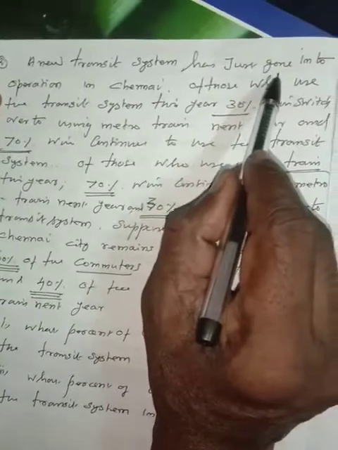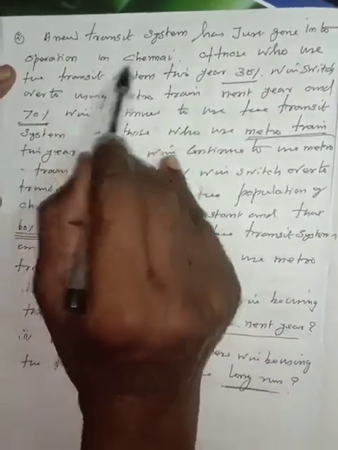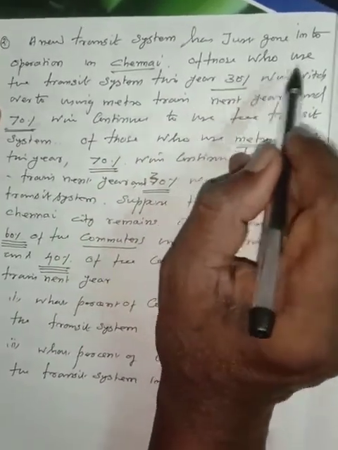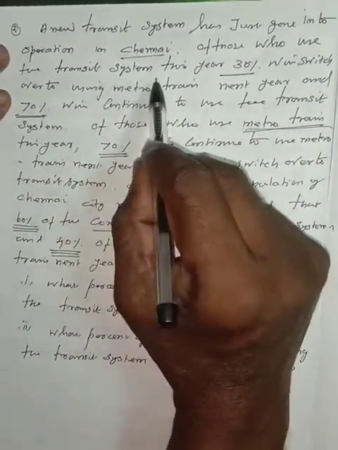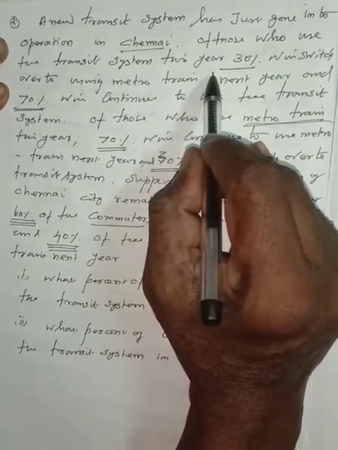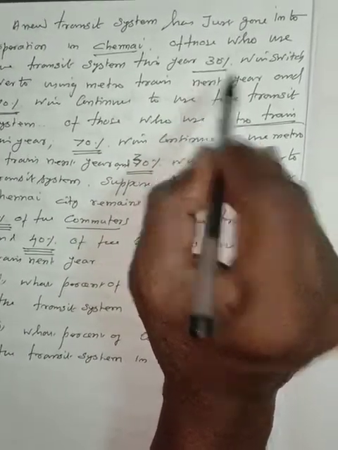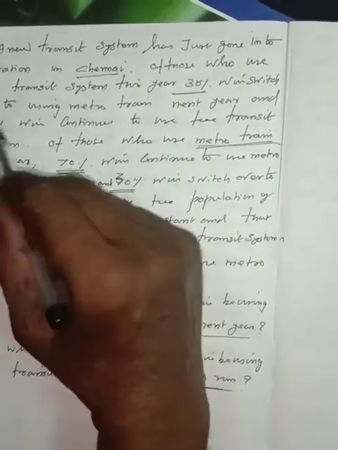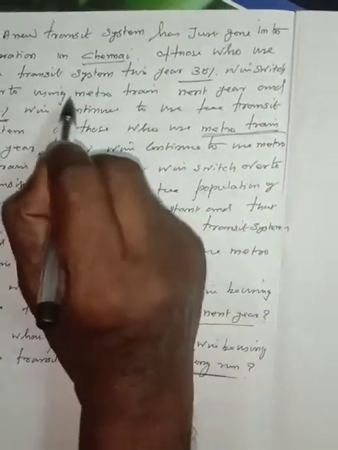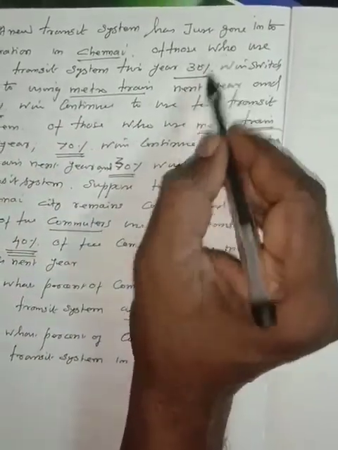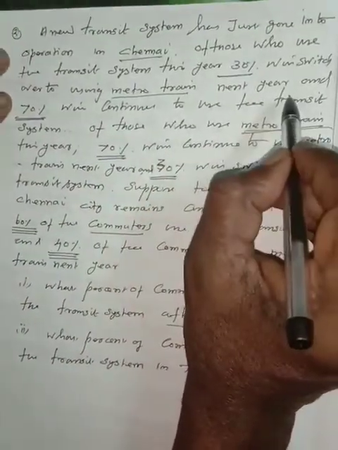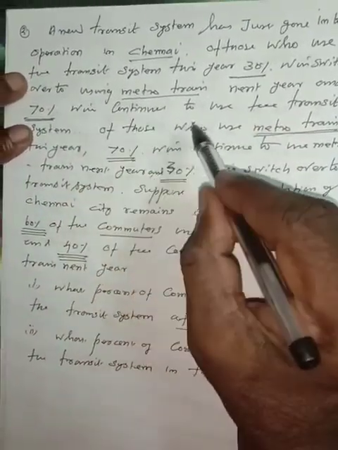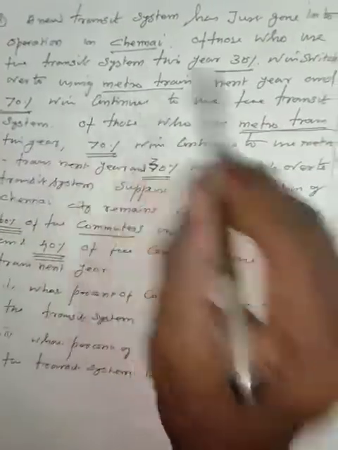Next problem: a metro train system has just gone into operation in Chennai. Of those who use the transit system this year, 30% will switch over to the metro train next year, and 70% will continue to use the transit system.